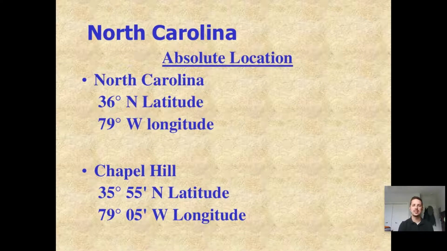The reason we use minutes is North Carolina is pretty big, so you don't really need to get specific. You just need to get in the ballpark, and that's why we use the bigger degrees. Chapel Hill is a town or a city within North Carolina, so it's smaller, so we have to get more specific. Minutes just helps the points on the map get more specific.